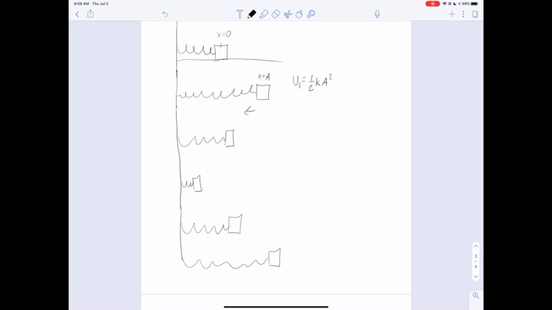Now I mentioned that as it's going towards equilibrium, it has a velocity, and because it's a block, it has a mass. And as I've mentioned in other lectures, whenever you have mass and velocity present, you have kinetic energy present. So as this object is oscillating back and forth, you have both elastic potential and kinetic energy present.